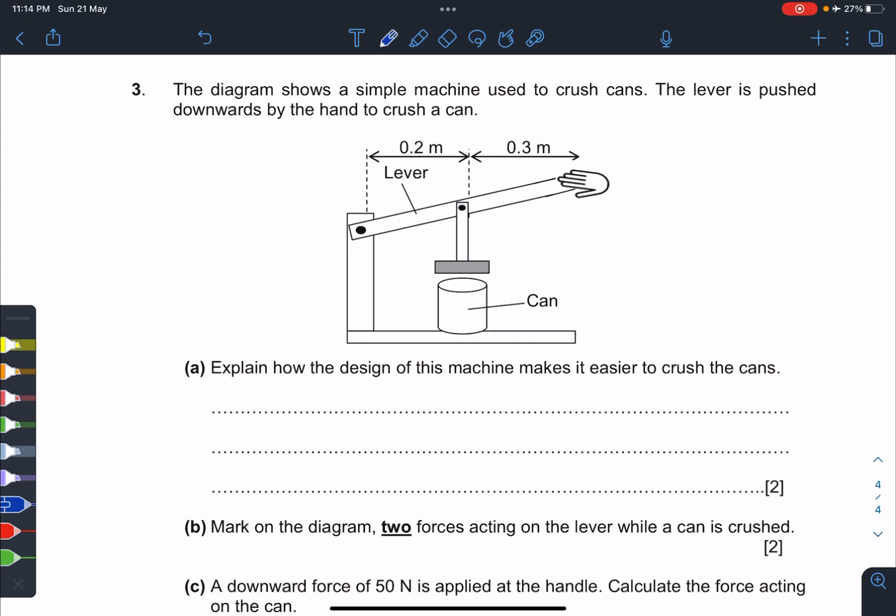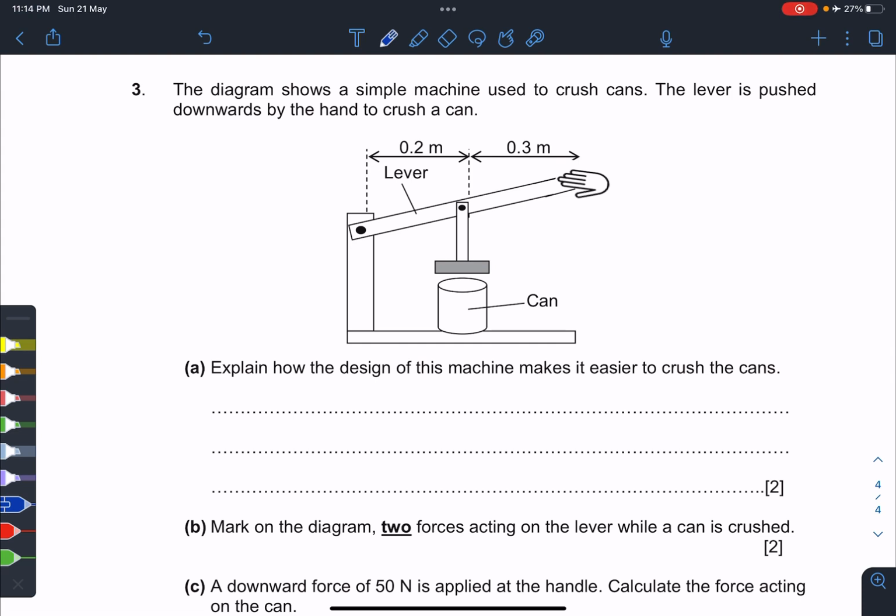Let's take a look. You're supposed to explain how the design works. So you look at this, the topic that comes to your mind is moment. Let's take a look at what happens. Realize the perpendicular distance is pretty far.